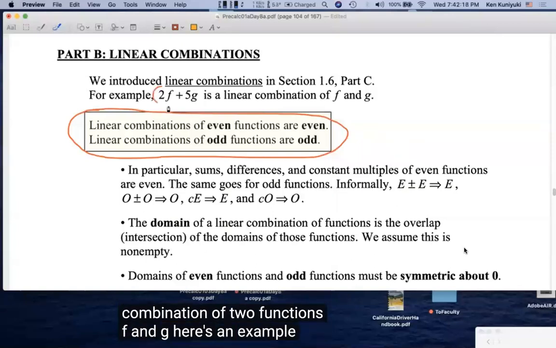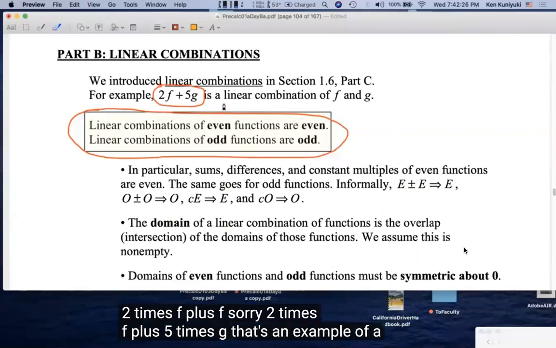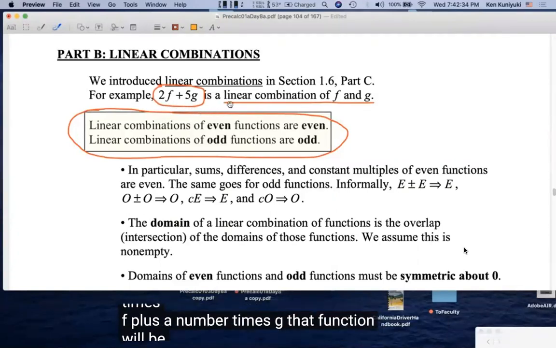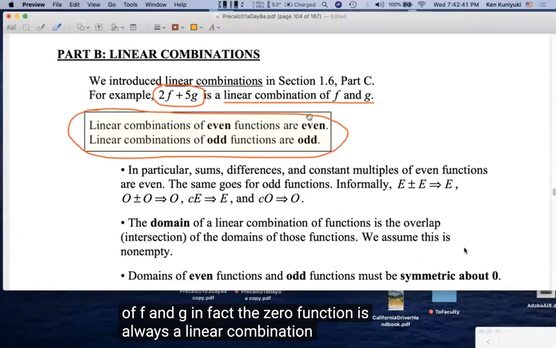Here's an example: 2 times f plus 5 times g. Anytime you have a number times f plus a number times g, that function will be a linear combination of f and g. In fact, the zero function is always a linear combination.